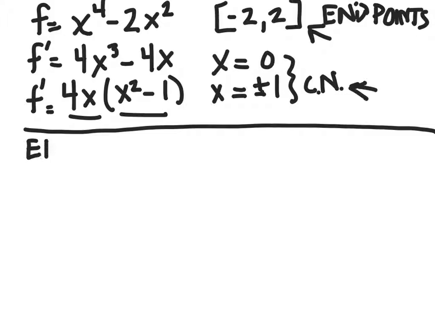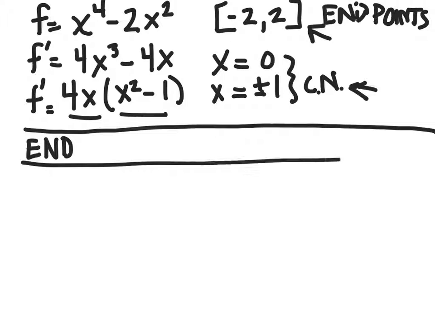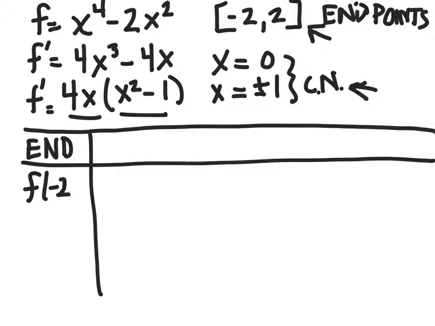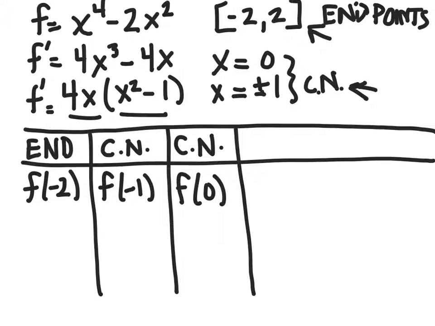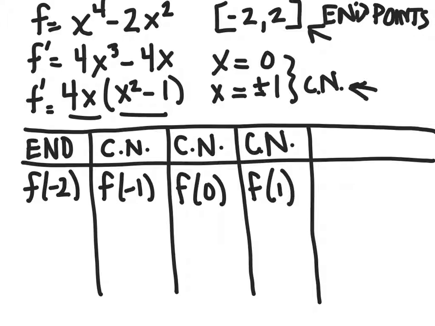So we're going to make a little table of endpoints, and we're going to check the function for each of these when the value is -2, when the value is -1, when the value is 0, when the value is +1, and when the other endpoint is +2.